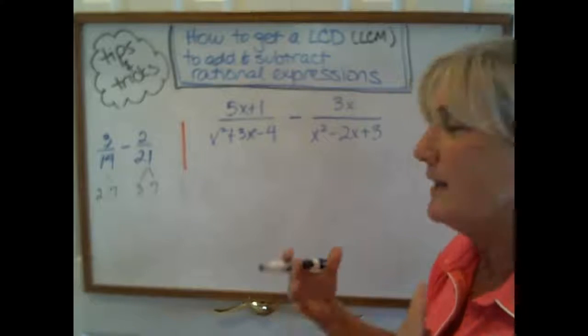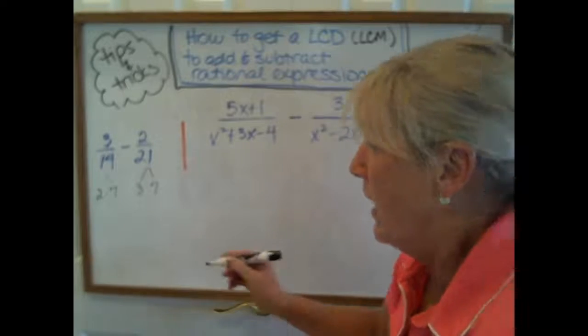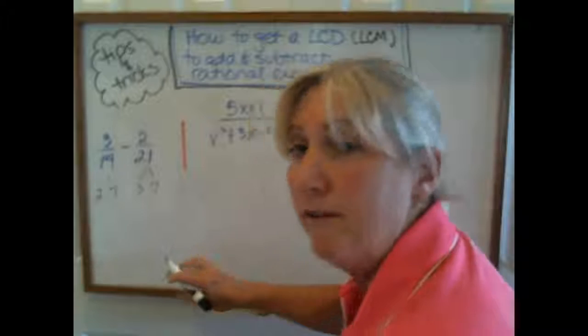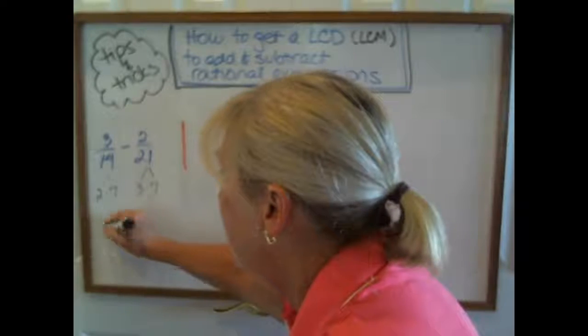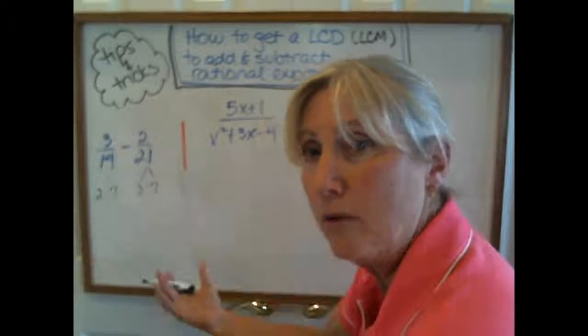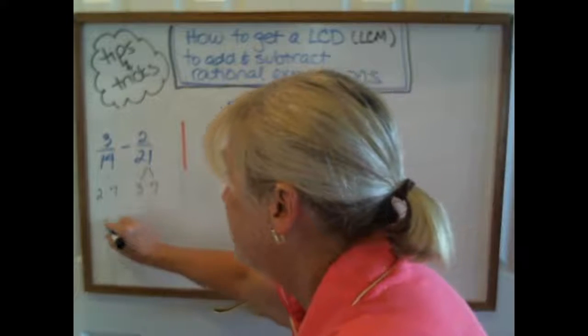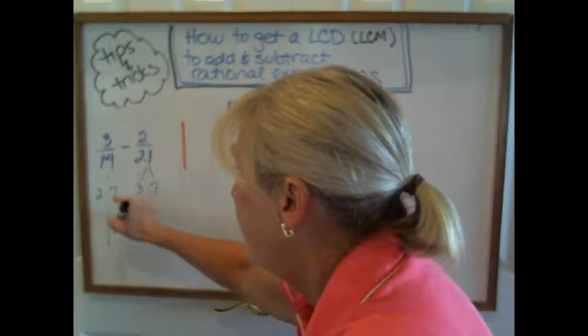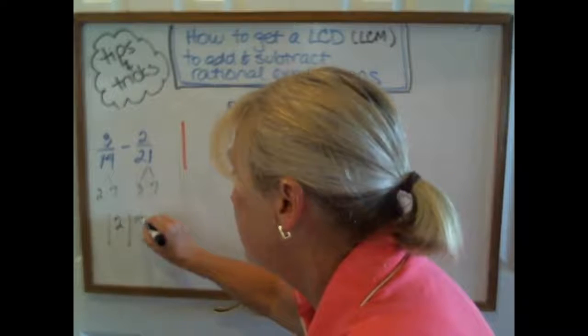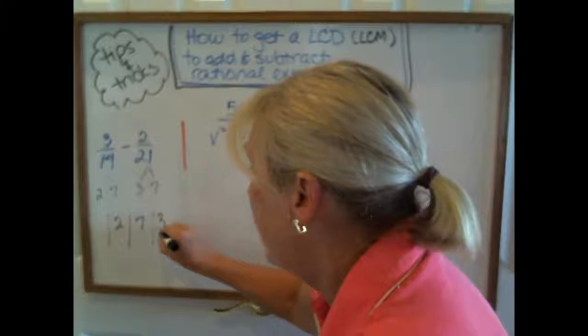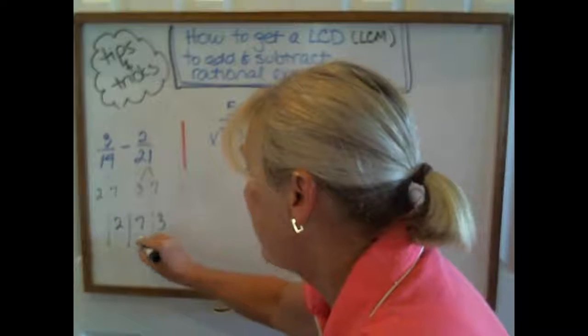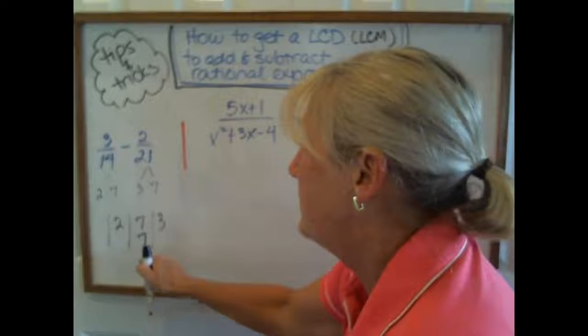Sometimes I make some columns to let me find the least common multiple, or the lowest common denominator, and for every new factor, I need a new column. I have a factor of 2, and 7 is a new factor. Then 3 is also a new factor, but 7 is already there, so it goes in the same column.